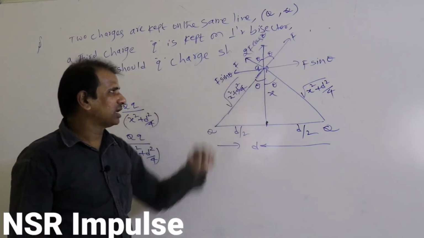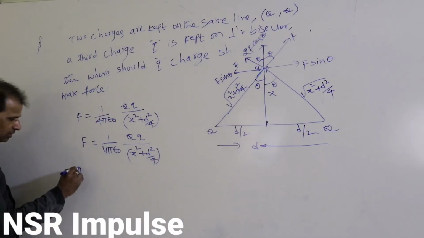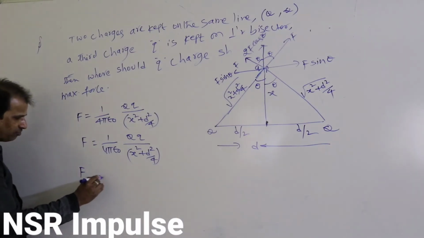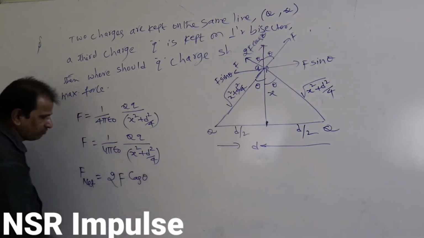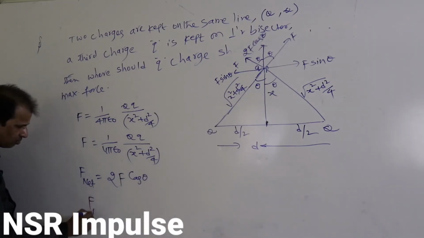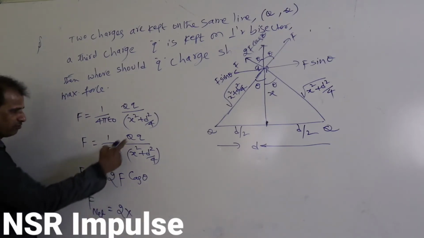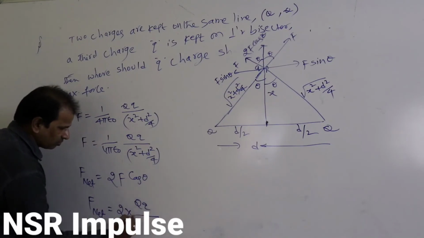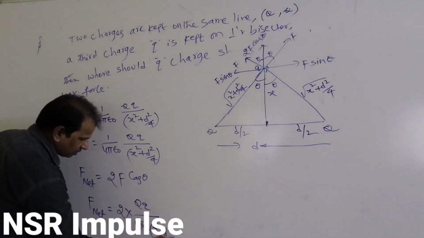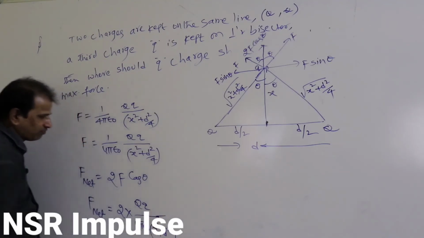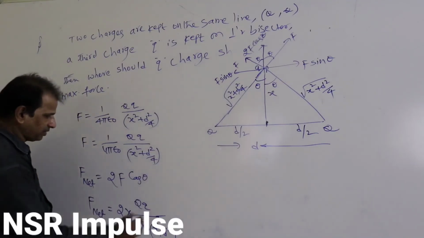What is the net force acting on the charge q? 2F cos theta. So net force acting on the charge q is 2F cos theta. So net force is equal to 2 into F. F means how much? Qq by 4 pi epsilon naught, x square plus d square by 4, into cos theta, adjacent side by hypotenuse.